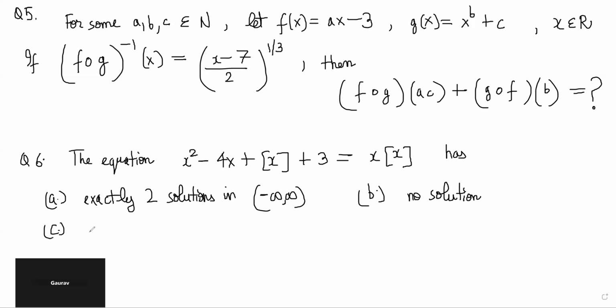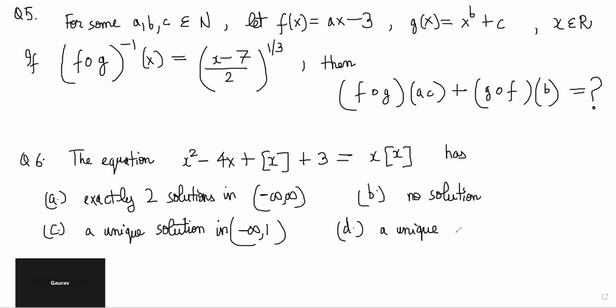C, a unique solution in minus infinity to 1. And D, a unique solution in minus infinity to infinity. So write down this problem.